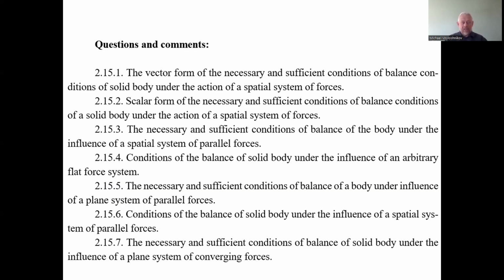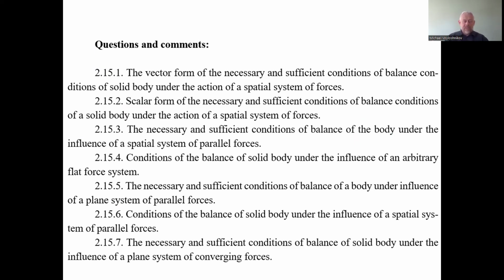Scalar form, necessary and sufficient conditions of balance of a solid body under the action of a spatial system of forces. Scalar form, that is, the magnitude of the resultant of all forces acting on the body has to be equal to 0. The magnitude of the rotating moment has to be equal to 0.